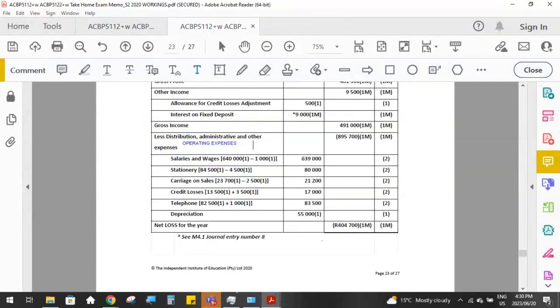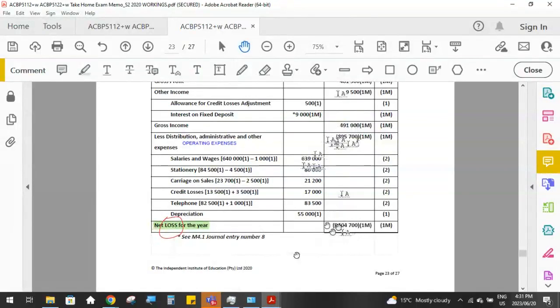So then we can add up all the expenses, giving us the subtotal here, which we carry over to the total column. And we then have gross income minus, and you must use brackets to indicate that it's minus, all of our operating expenses. And because that final amount is in brackets, it means that it is a loss, a net loss for the year.